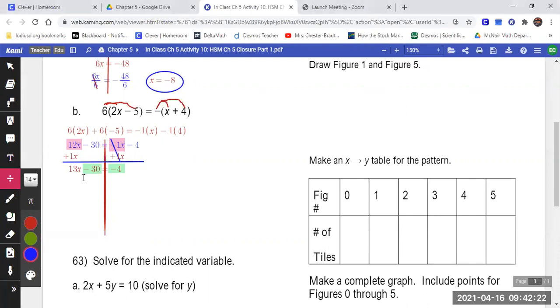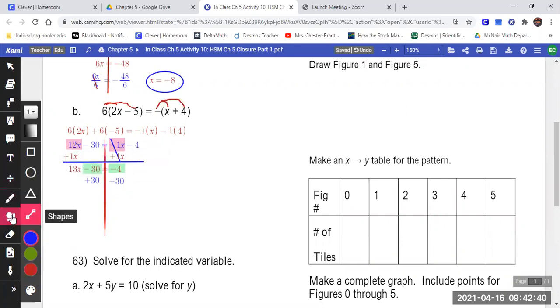Okay, so numbers don't work the same as letters. Numbers, move it away from the x. Letters, smallest moves. Okay, so that creates 30 minus 30. That's 0.